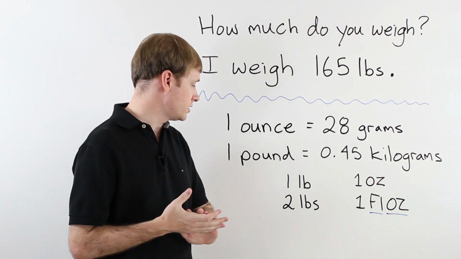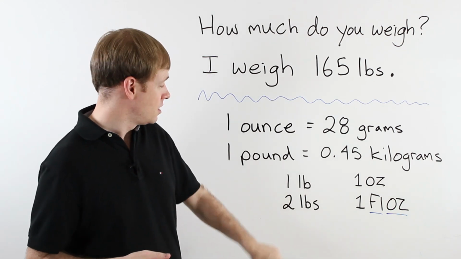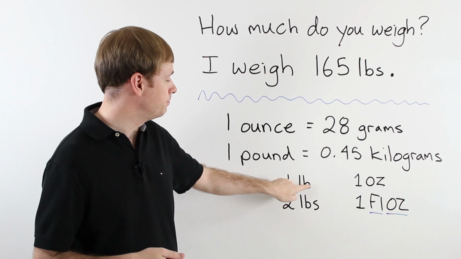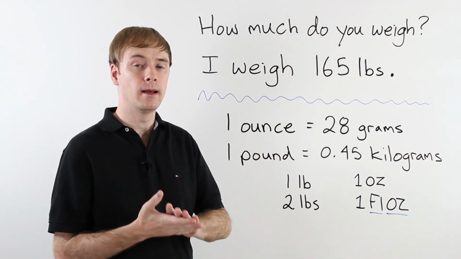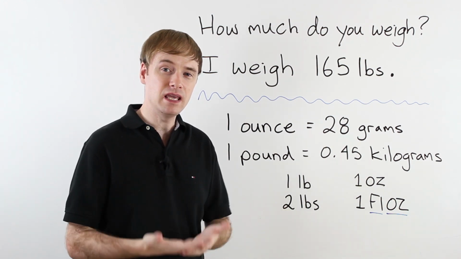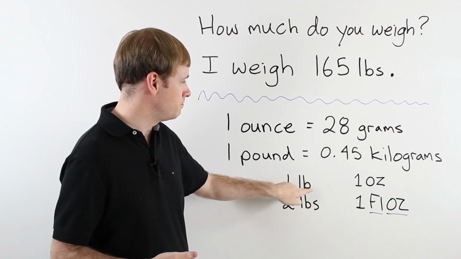Now, how to write 1 pound? This is 1 pound. This is not a 1, this is actually an L, LB, 1 LB. That means 1 pound. Now, pound starts with P, so why do they write LB?